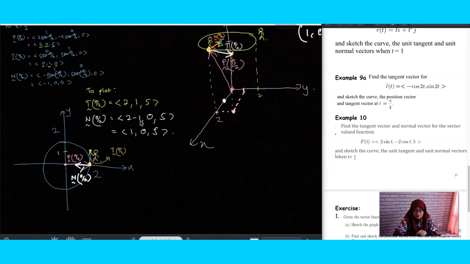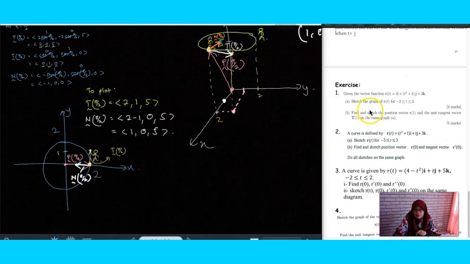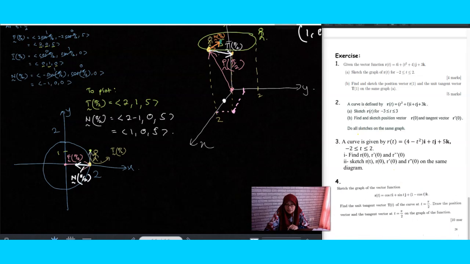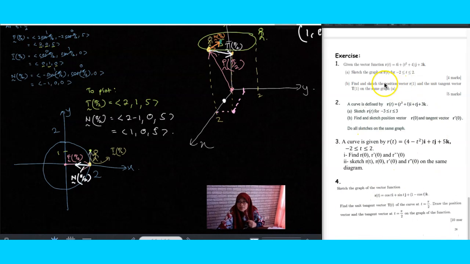Okay, so I think it's enough, but in the notes I give you some exercises there, so I hope that you can do them. From the exercises given, sketch the vector function, and then the position vector and unit tangent vector on the same graph. Another one, the same thing, they are all about sketching the function, and also finding the tangent vector and sketching the graph.